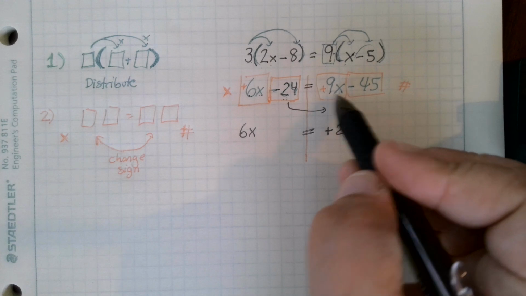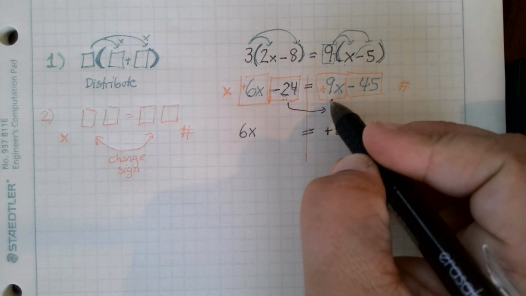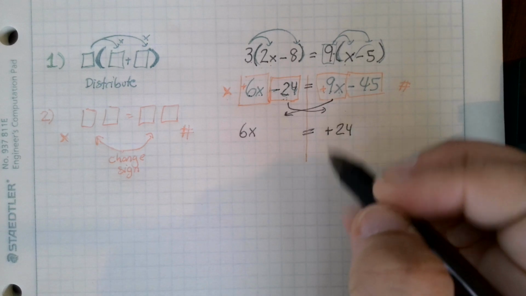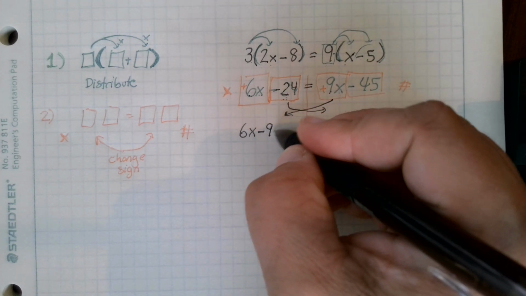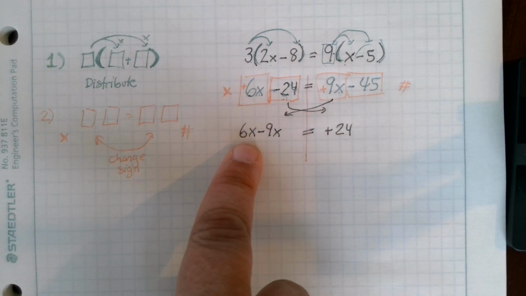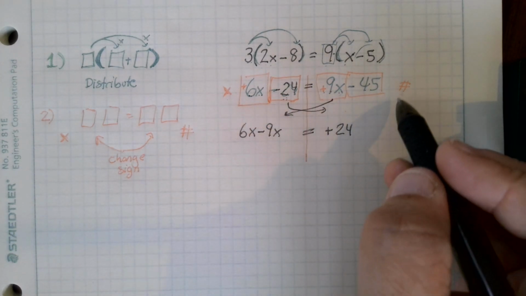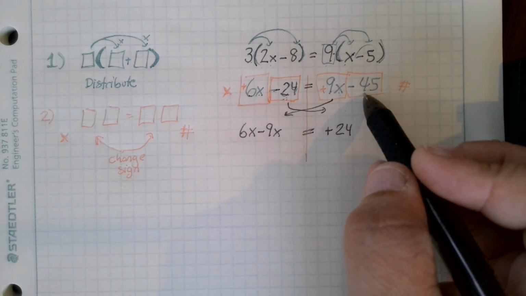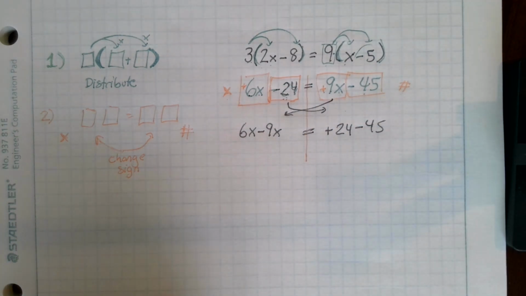It has an x in it, it needs to go on the x side. So it goes from the right to the left. So plus 9x becomes minus 9x because it changed sides. And last, minus 45, it's a number, and it's on the number side, so it just stays minus 45. Okay?